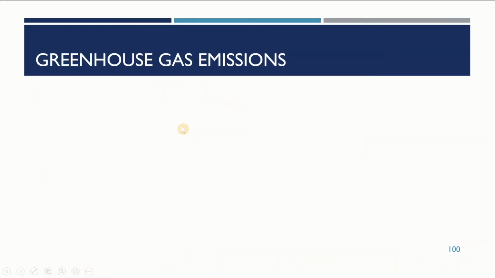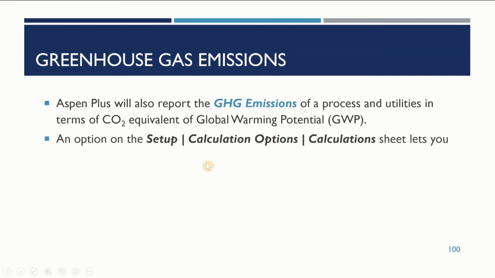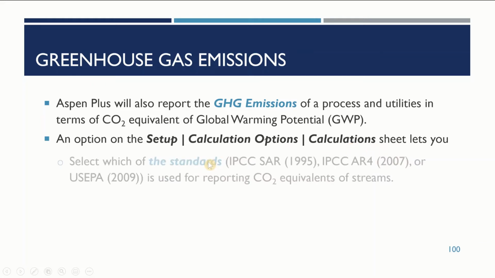Apart from the setup of utility types, ASPEN Plus will also provide you an option to calculate the greenhouse gas emissions of the process and utilities in terms of CO2 equivalent of global warming potential, or the GWP. There are several standards to report CO2 equivalents of streams for the users to select in ASPEN Plus. So please go to the Setup, Calculation Options, and Calculation Sheets, which will let you select which of the standards to be used for reporting CO2 equivalent of the stream.